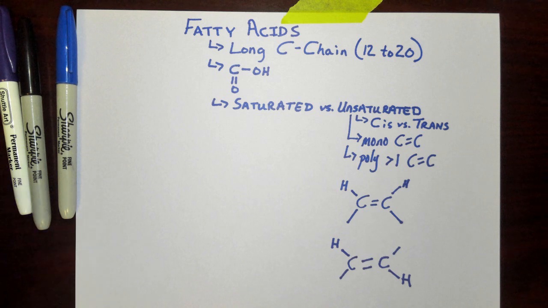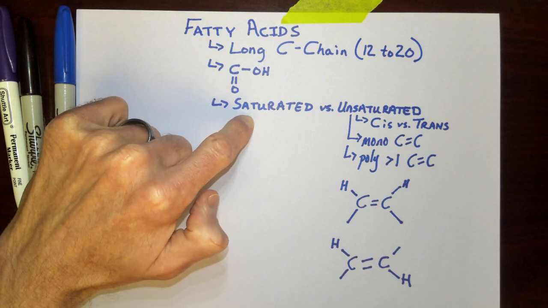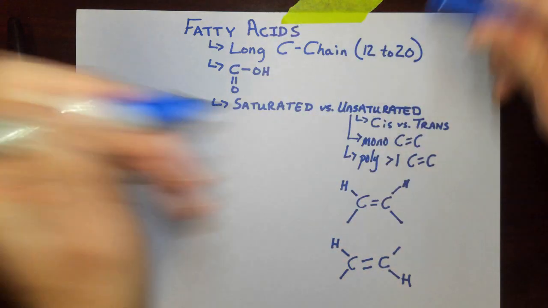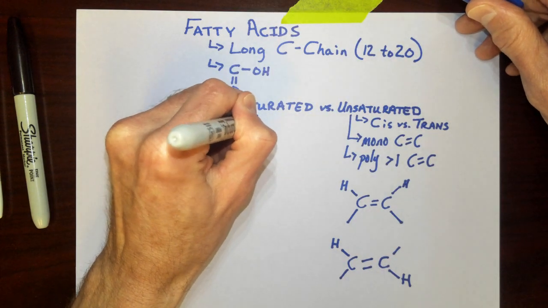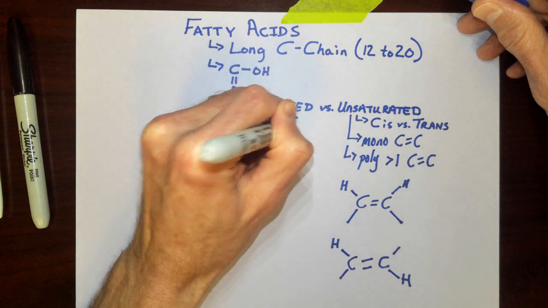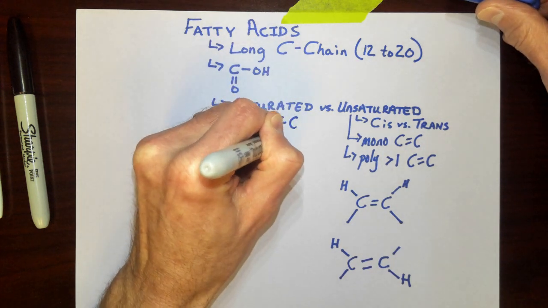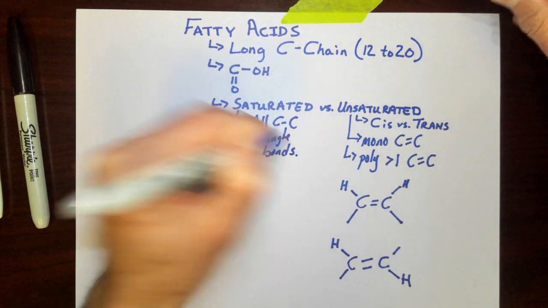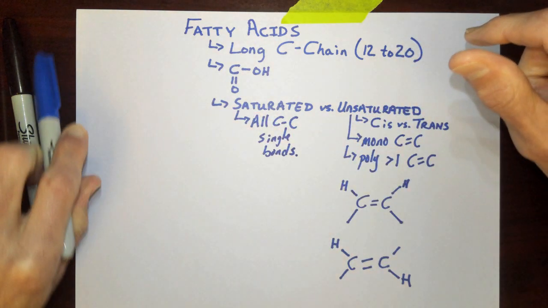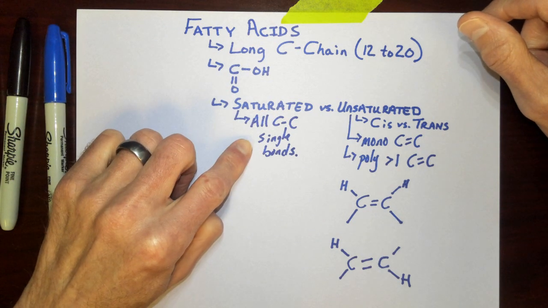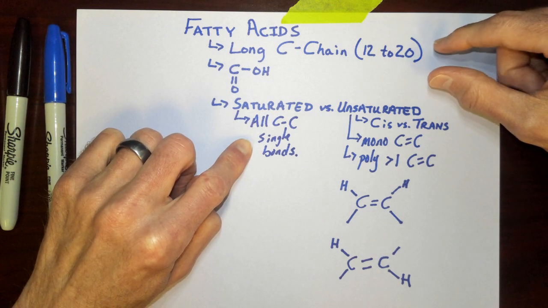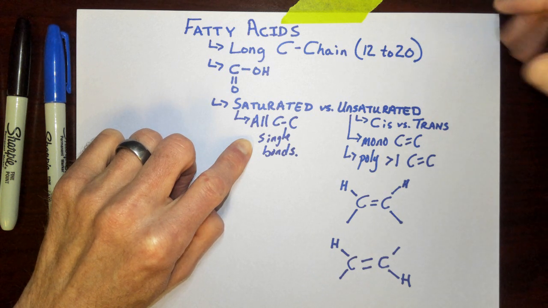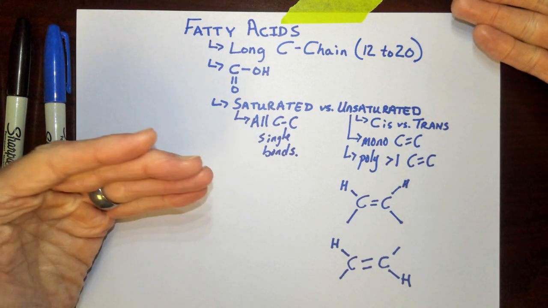Now, some of the properties where we see differences: saturated fatty acids, because of all carbon-to-carbon single bonds, are typically solids at room temperature. Because with those long chains that are all single bonds between the carbons, they're able to stack like sheets of paper.